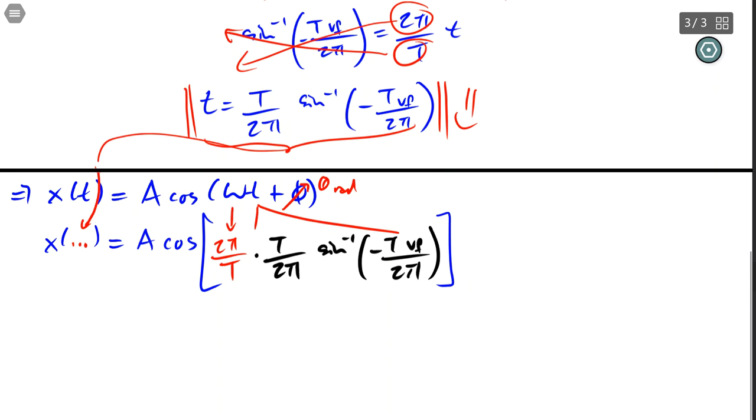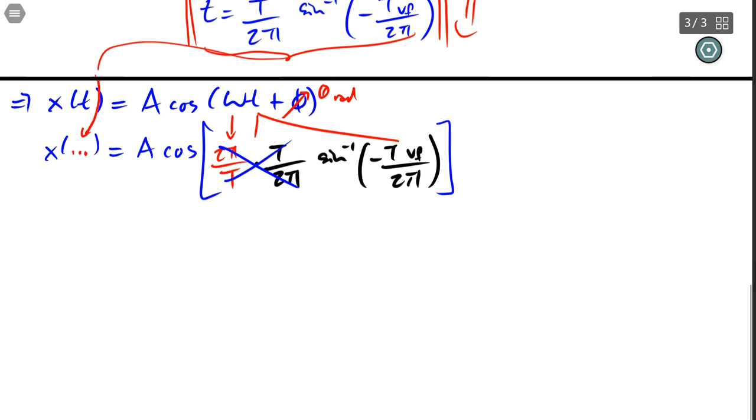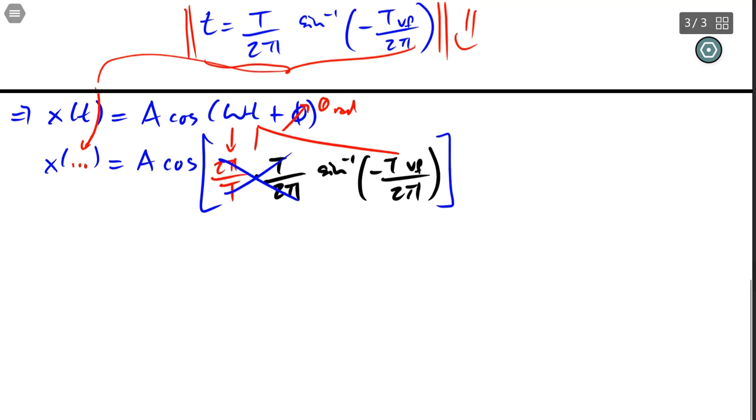And you can see that those two things cancel out. That's how you know that you're on the right track, when things work themselves out and the solution becomes more elegant.